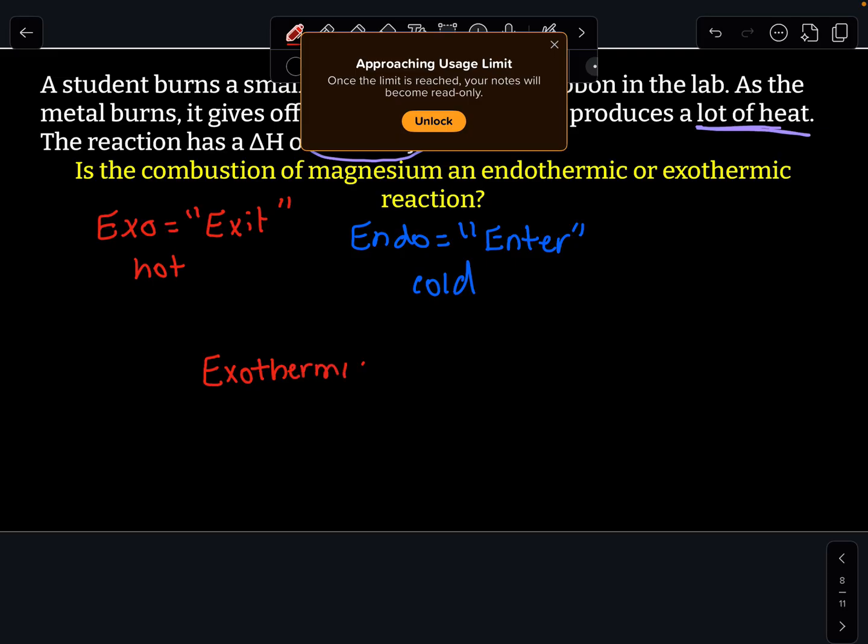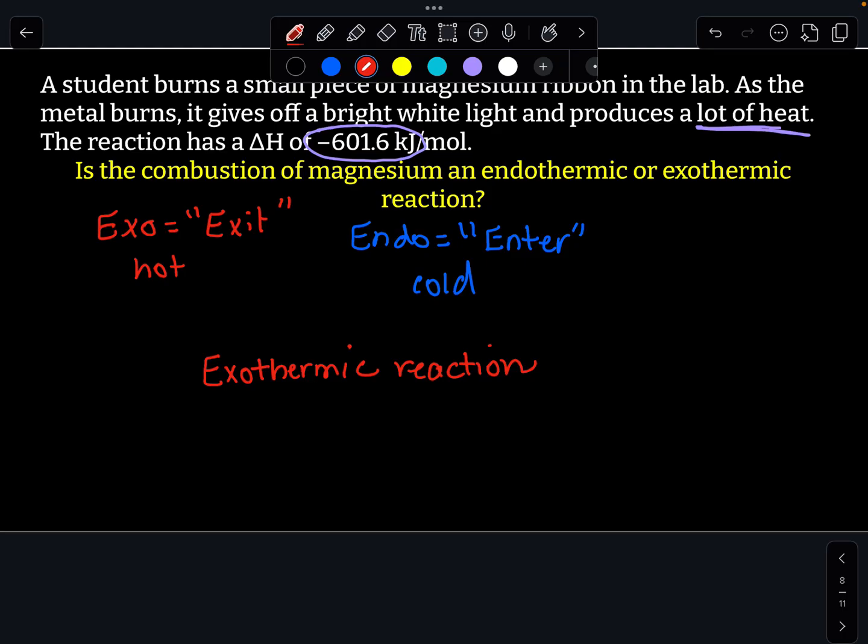But if I didn't have that information, I could also look at the delta H and realize that if the delta H is negative, then that means that the heat was released from the system, meaning it's exothermic. So it's an exothermic reaction for two reasons. It feels hot and the delta H is negative.